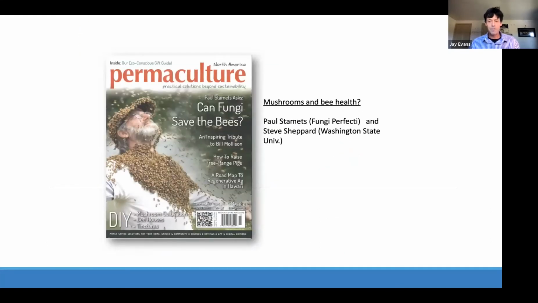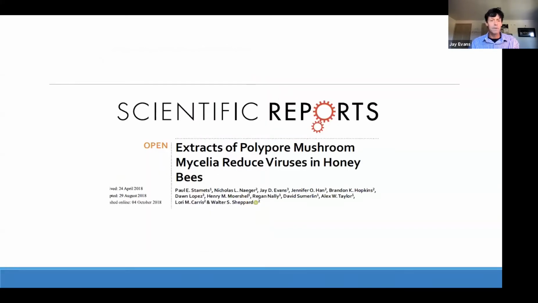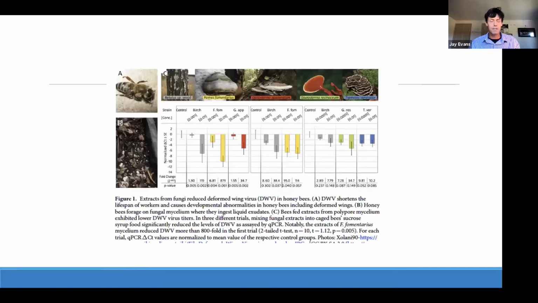Further out there, we've done a little collaboration with Steve Sheppard, a professor at Washington State, and Paul Stamets, a mycologist fanatic, on extracts from various mostly polypore mushrooms that are bioactive in other realms. And so they proposed that these would be bioactive in bee disease.